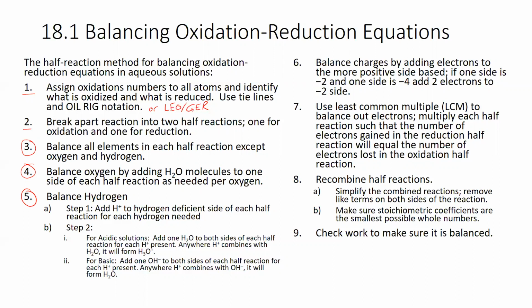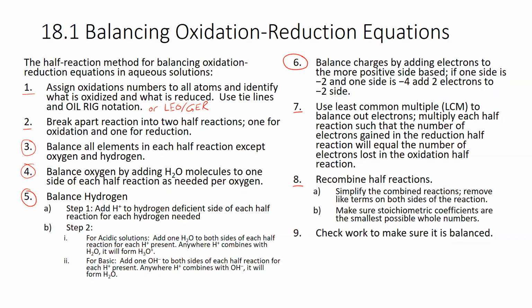And even if they're neutral solutions, you still have both hydronium and hydroxide at your disposal, which we now know based on all the acid-base chemistry we've done. And then you balance the charges overall. Once you have the charges balanced, you can go and recombine the half reactions using basically 2 steps, and then check to make sure your work is balanced. So overall, it's just a way of balancing these redox reactions.